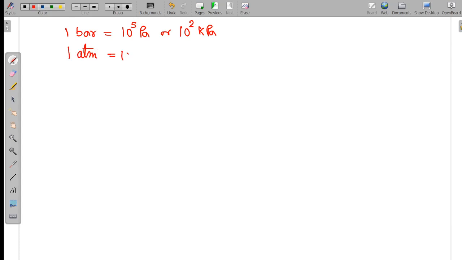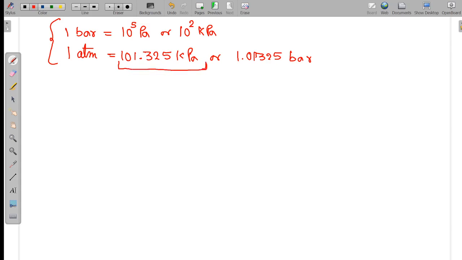That is 101.325 kilopascal, or you can say 1.01325 bar. Okay. So these conversions you have to remember: how to convert the pressure from bar to Pascal, and what we mean by 1 atmospheric pressure. This is the pressure at sea level which is acting upon us. This is the value of that pressure.